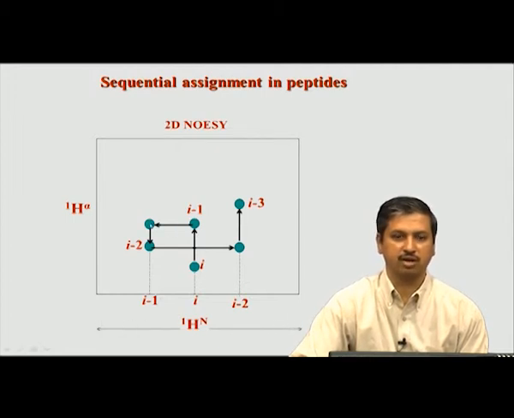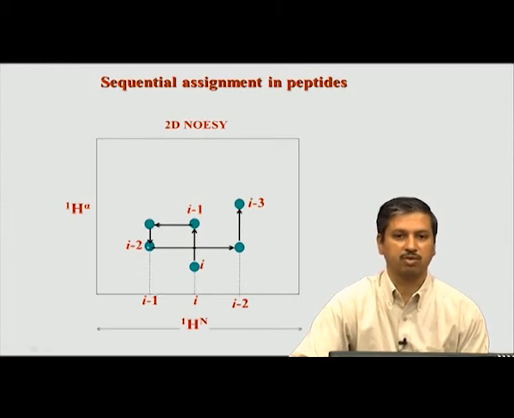Once I find that I minus 1 NH, again I search either up or down to see if I see another peak, and if I get another peak, that peak should now belong to I minus 2, because in a NOESY I gives only to I minus 1, I minus 1 gives you only to I minus 2, and so on.